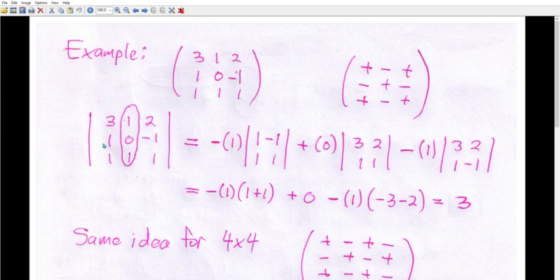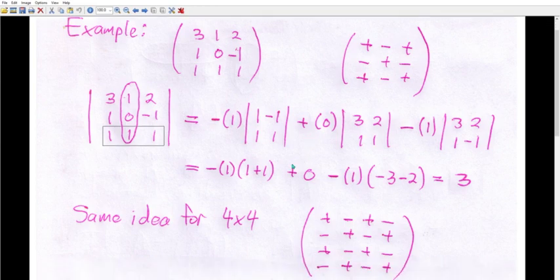And now finally we look at the third entry in this column, and we don't include anything in that row and this column, and that gives us a 3, 2, 1, minus 1 as our little 2 by 2. This is in a negative position because it's third row, second column, which is 5, so negative. So we've got a minus 1 times our little 2 by 2.